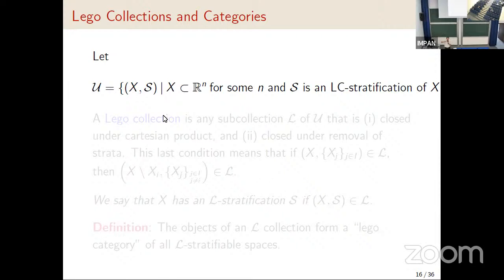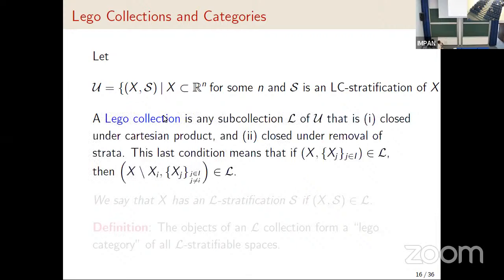So I want to make sense of that. It's called a Lego, like a Lego game. So a Lego collection is any subcollection of U which is made out of a space and a stratification on it. So again, these spaces are stratifiable, not stratified.